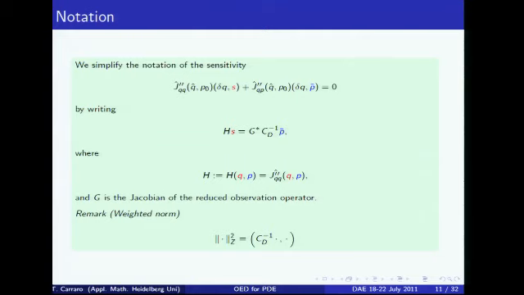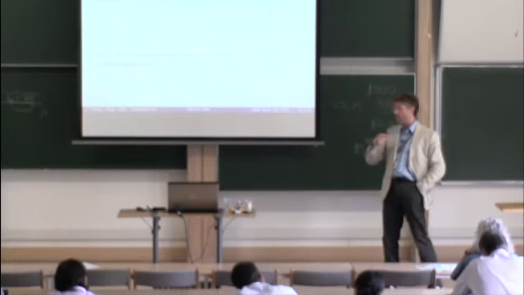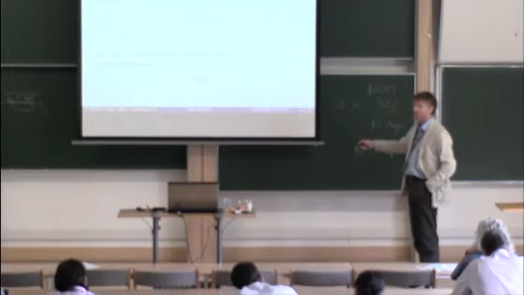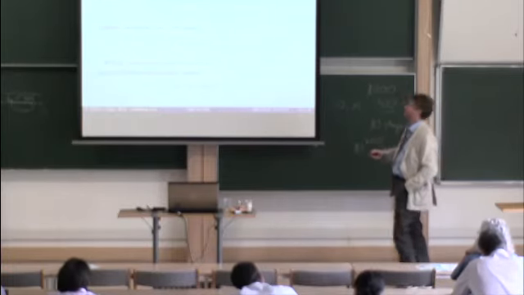So H is equal to G star, and then I use a weighting matrix, because in the data space we use a weighted norm, and the weight is the inverse of the covariance. So we are actually considering the effect of whitening of the covariance matrix.